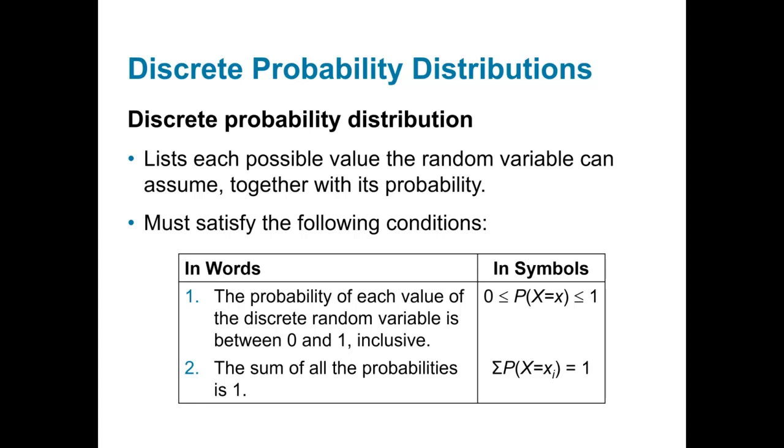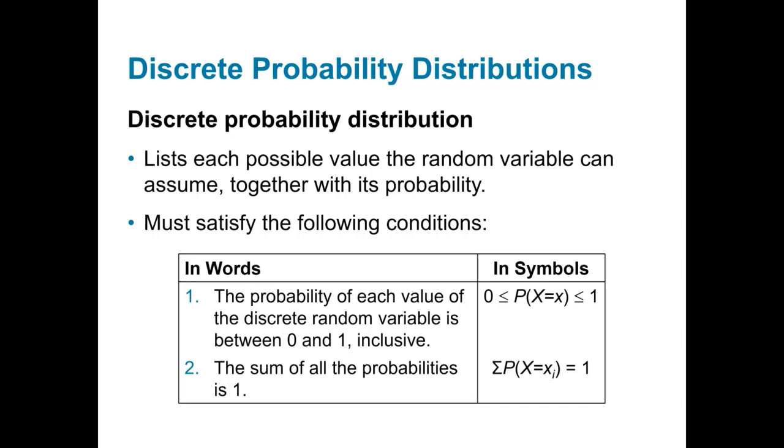If you're tossing a coin 50 times and you want to record the number of heads, you could list out every single possible number of heads. That's what a discrete probability distribution is: it's literally a listing of every single possible outcome along with its probability.